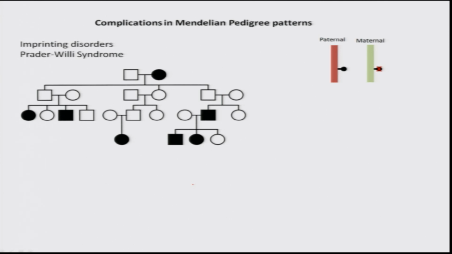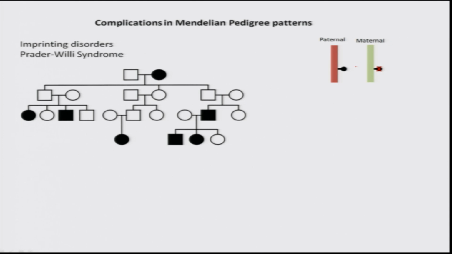So, as you can see here, you have a gene that is present on both the maternal and paternal chromosomes, and what is shown here is that, for example, if you look at this lollipop, assuming this is a gene, this gene is expressed only when it is located on the paternal copy. The one that is located on the maternal chromosome is silenced. In some other genes it is the reverse, that is the opposite.